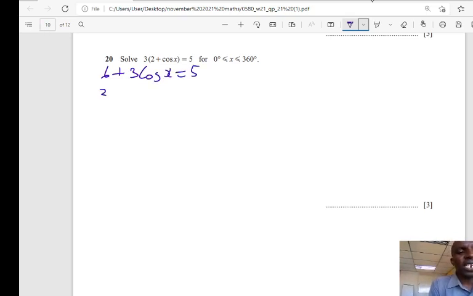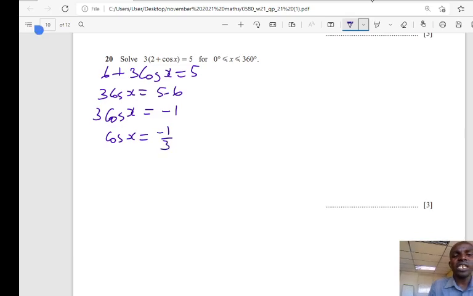Then you subtract here. 3 cos x is equal to 5 minus 6, which is negative 1. Then after that you divide by 3. You get cos x is negative 1 over 3, after dividing by 3 both sides, right?